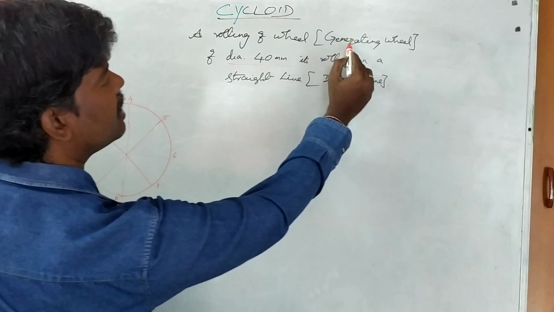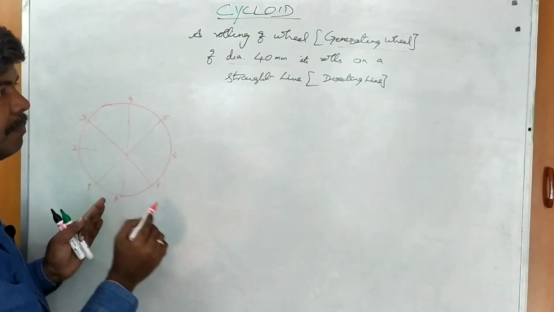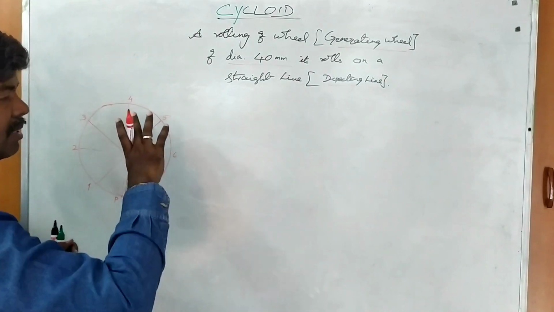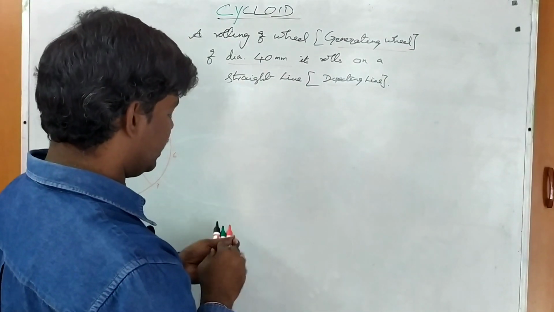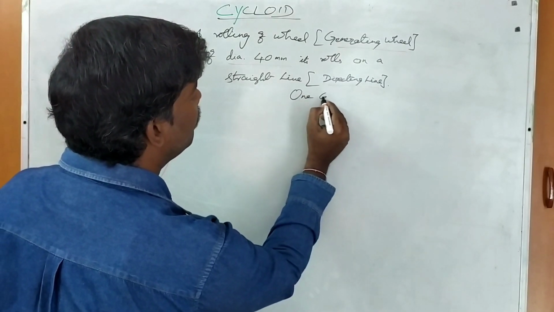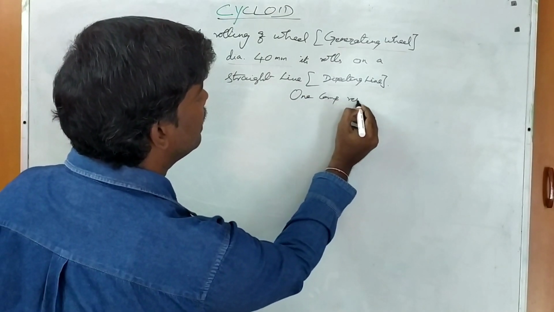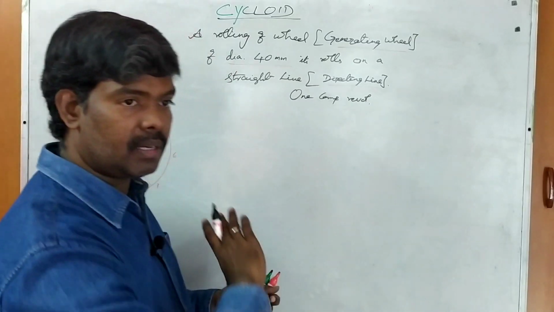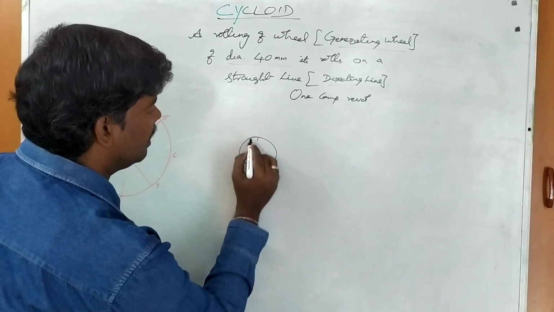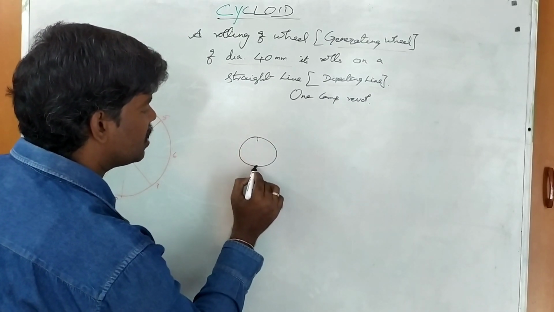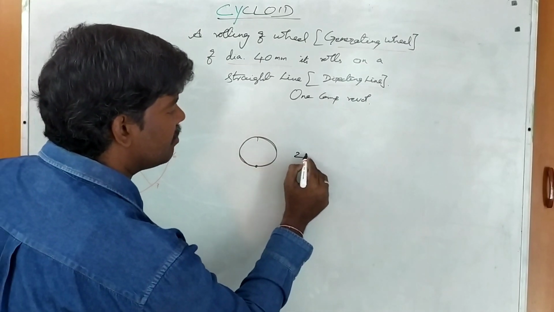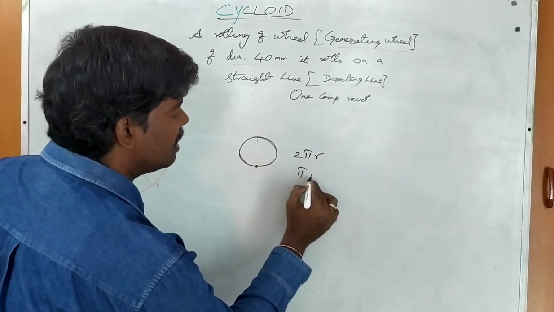Now the generating wheel is completed. Next, you want to draw the directing line. Here in the problem they already gave that it rotates one complete revolution. One complete revolution is nothing but the circumference, which is 2 pi r, or otherwise pi d.